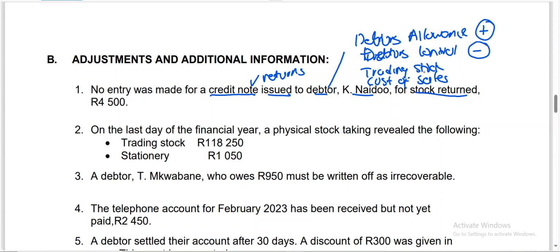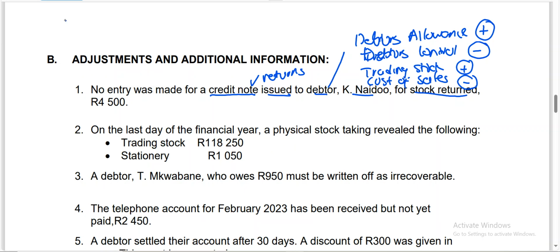And then in terms of trading stock, when a debtor returns stock, our trading stock is going to increase, and then the cost of sales is going to decrease, because remember, we had recorded that our cost of sales increased, but when a debtor returns that stock, cost of sales goes down and trading stock increases.